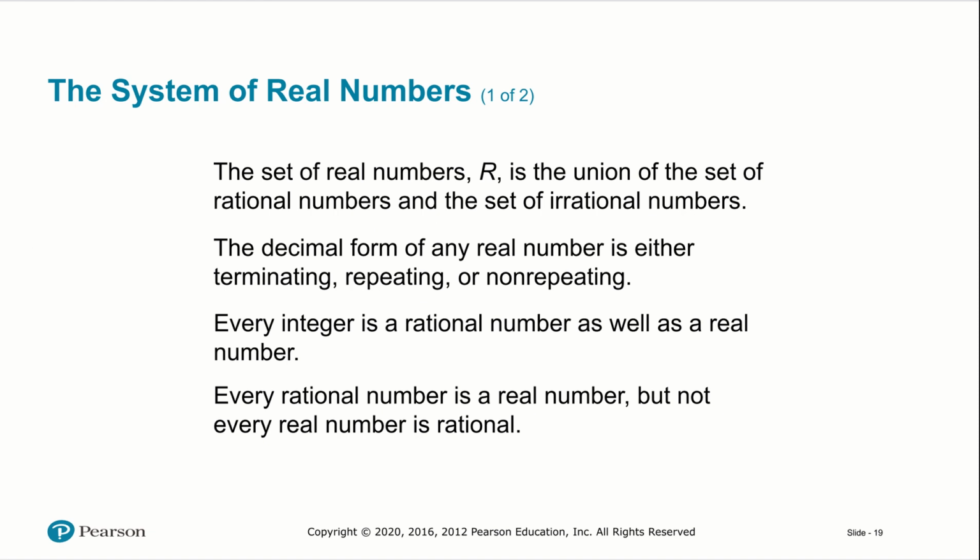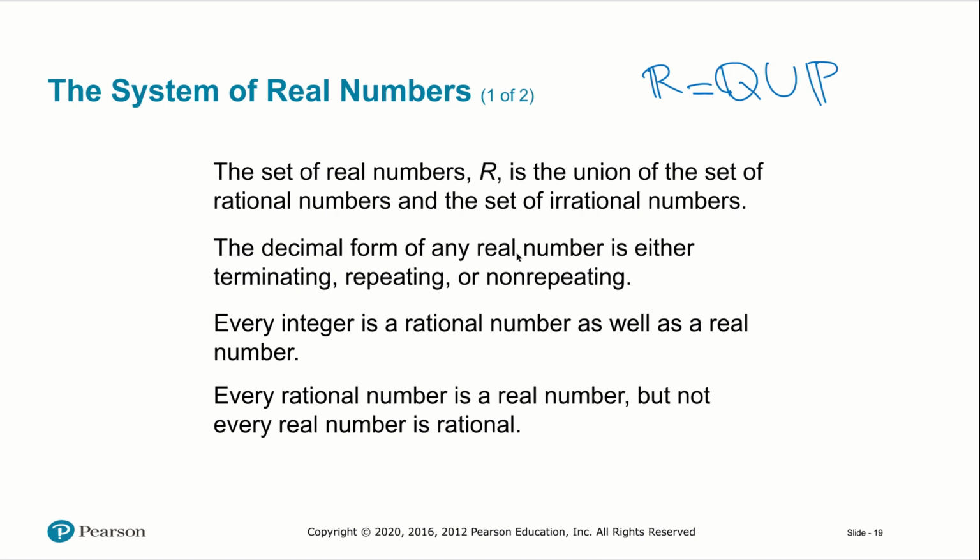All right, now that we've discussed both rational and irrational numbers, we can remember from a previous video that the set of real numbers R is the union of the set of rational numbers and the set of irrational numbers. In symbolic terms, we write R equals the set of rationals, which we use Q for, union the set of irrationals, which we usually use P for.